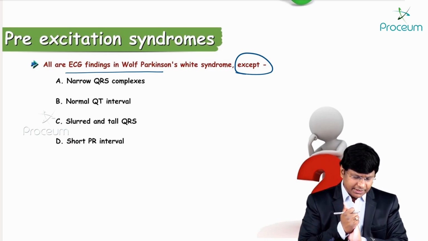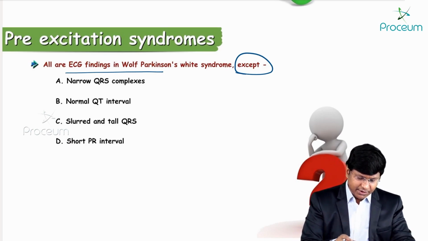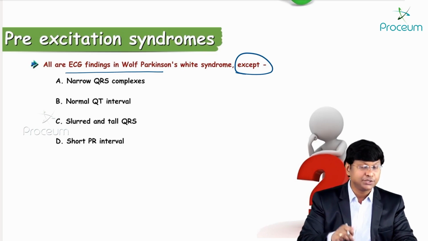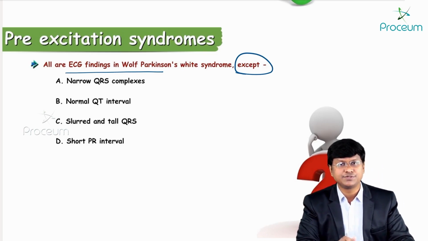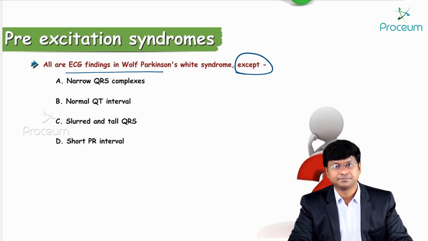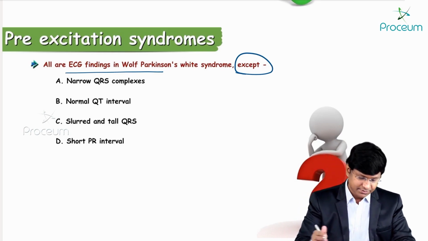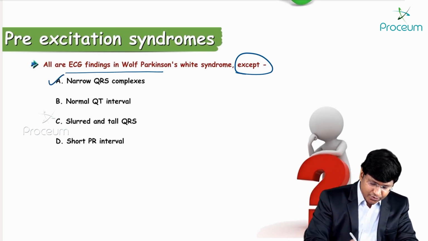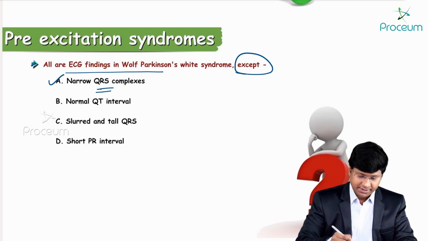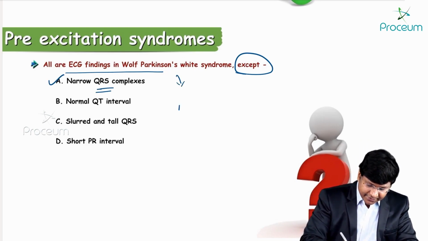Now, what is the ECG feature that you will not see in the WPW syndrome? The answer here is, you will not have the narrow QRS complex in WPW syndrome. In WPW syndrome, you will have the presence of wide QRS complex.